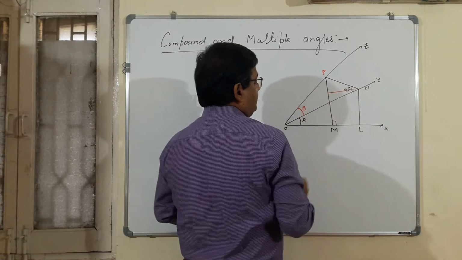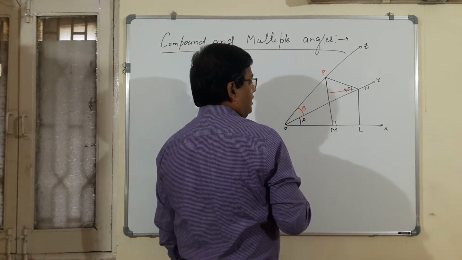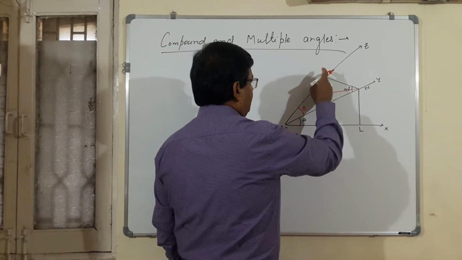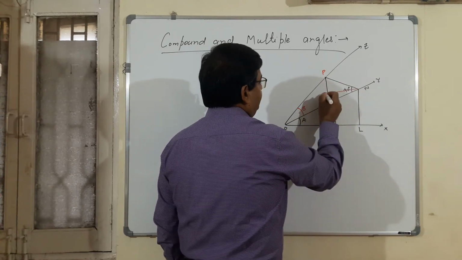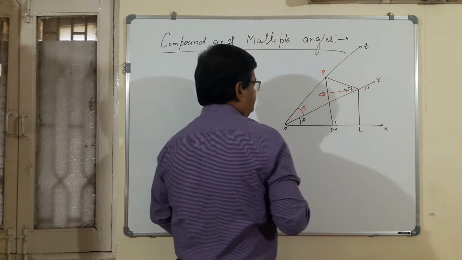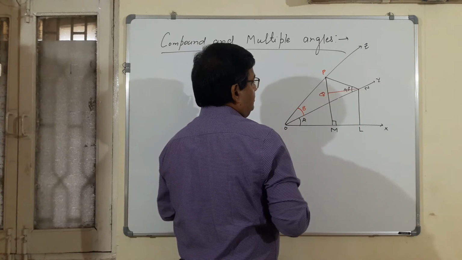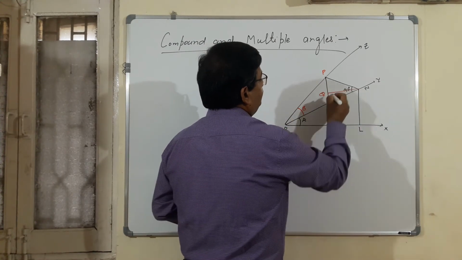See here, draw the perpendicular here. So we have already put P, L, M, N. Here we can put Q. Now this one is 90 degrees.